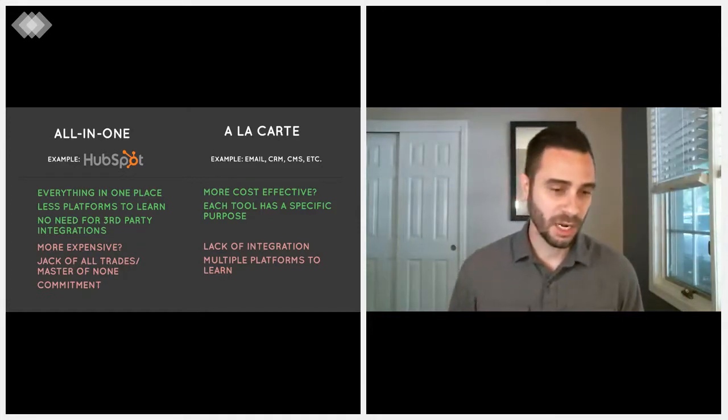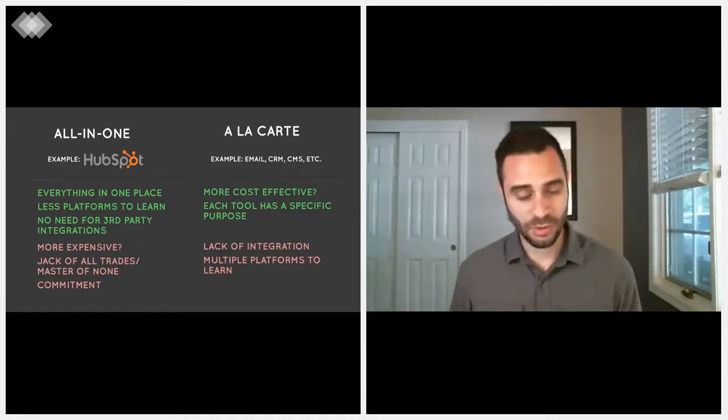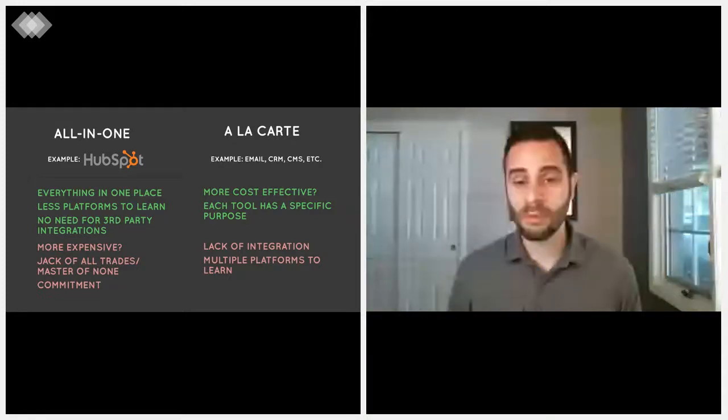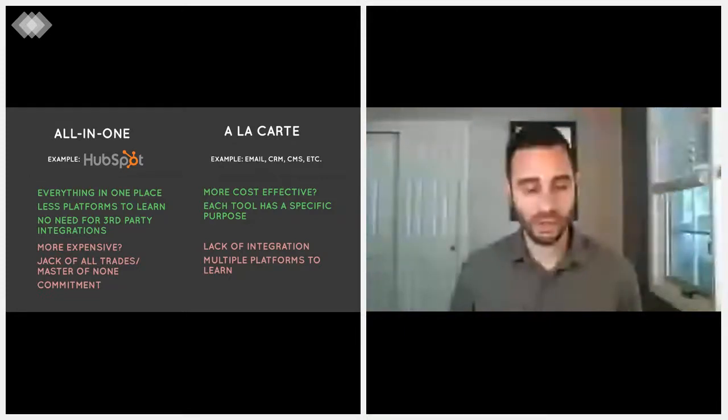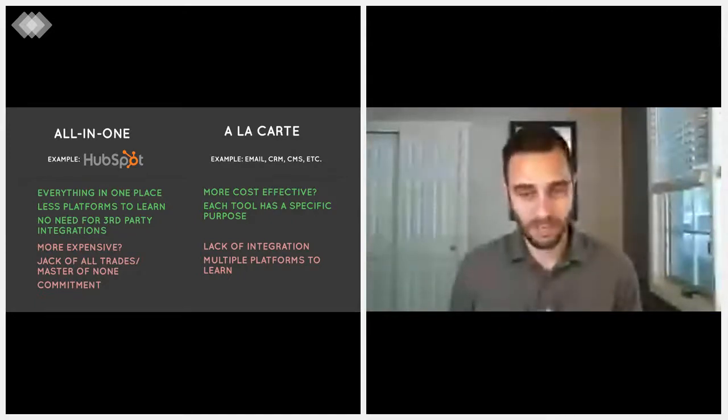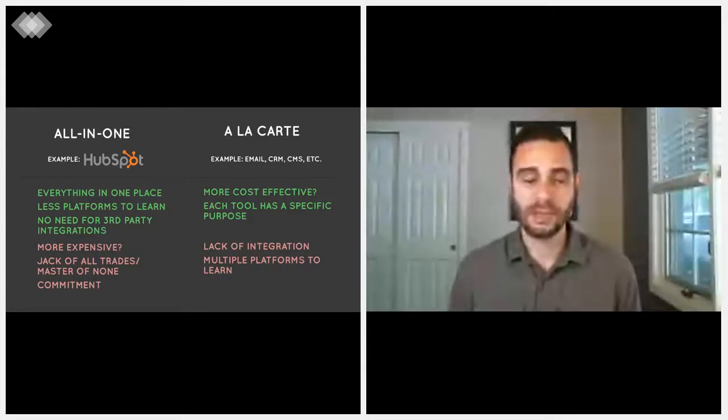Now, HubSpot as an example, it has a CMS, it has SEO tools, social media tools, all these things. And I think some of them are really great at what they do. Their CRM is really great, really robust. Some of them, I think, aren't as good as tools that are specifically designed to do that thing. So you have to kind of take that with a grain of salt as well.